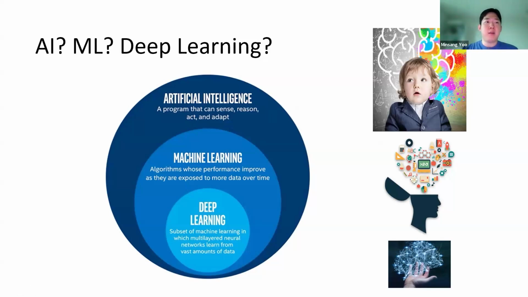By the word artificial intelligence, we are trying to teach a computer program to think like a human, which is the intelligent part. So we're creating an intelligence, which the word artificial tells us, and machine learning.